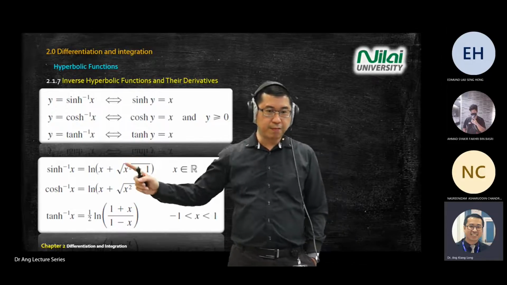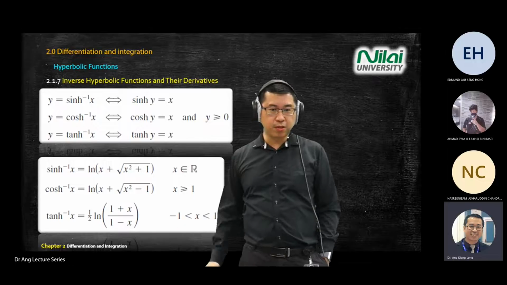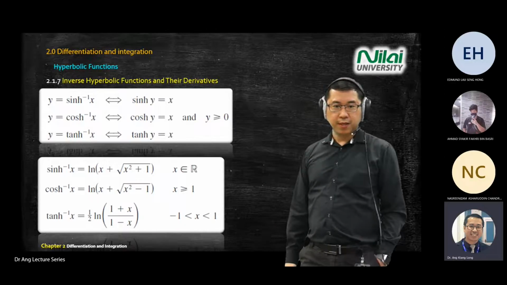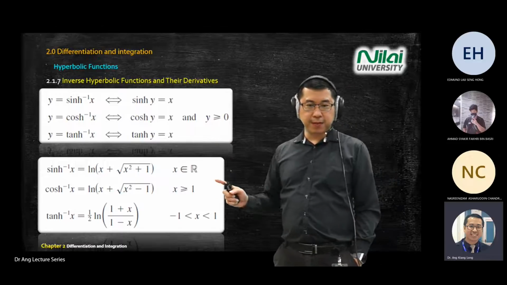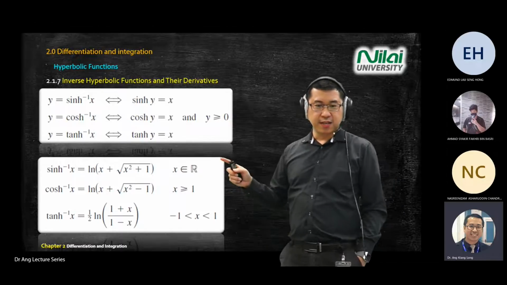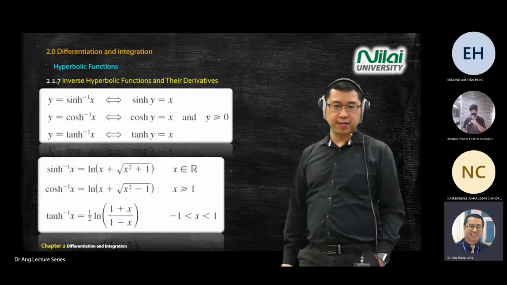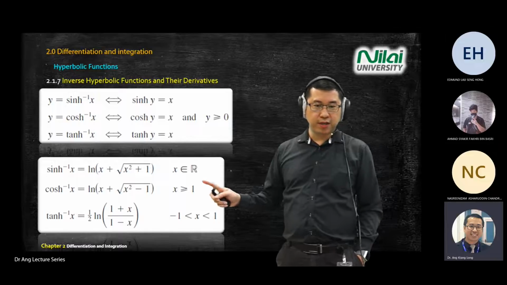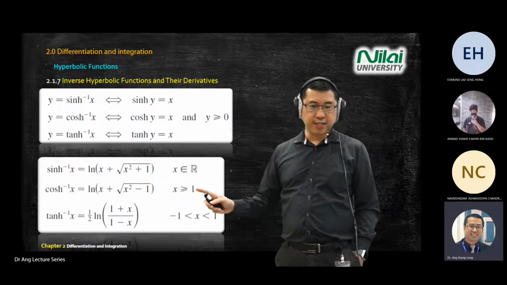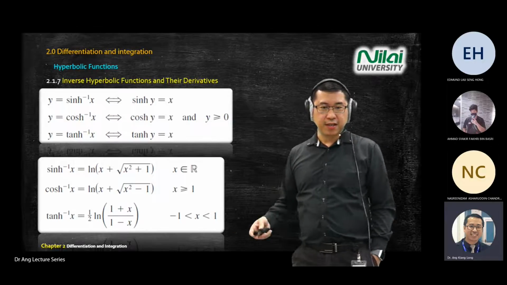Sine hyperbolic minus 1, or inverse sine hyperbolic, equals this one, cos equals this one, tan equals this one, and so on. Each table has its own purpose, and it will help you convert your answer to the correct one. For example, when you need to convert to ln with only x, ln and x, you use this one. When you need to convert between y and x, you use this one.